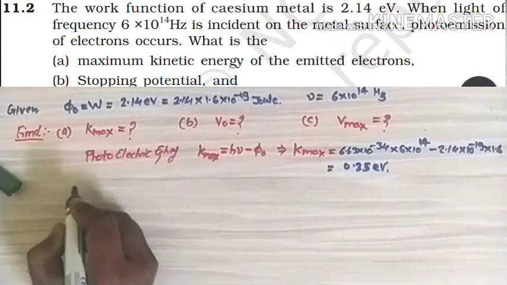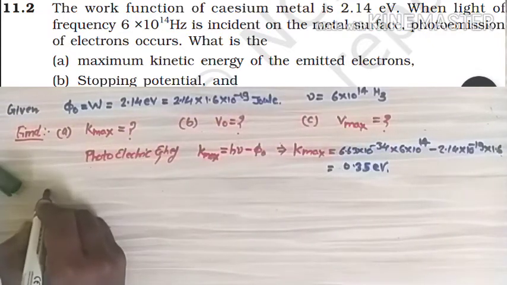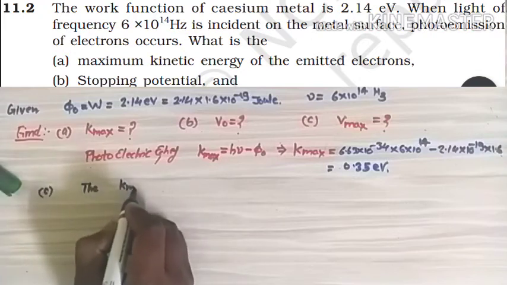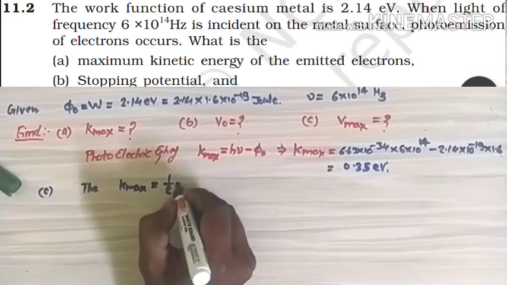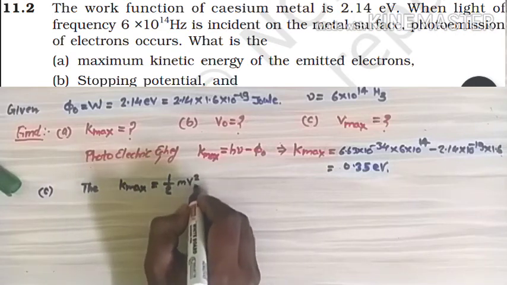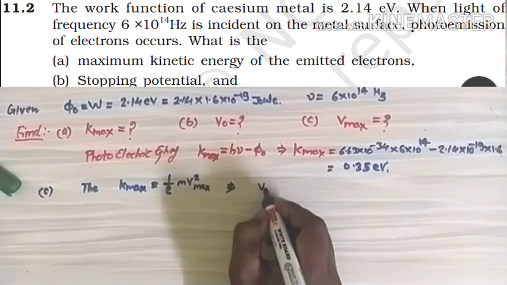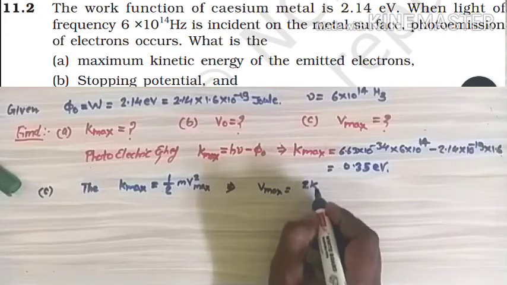Now, second, the corresponding velocity. Students, K max equals half m v square max. So we find v max is equal to the under root of 2K upon m.